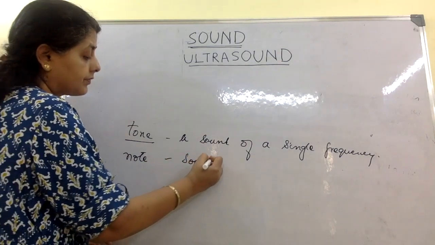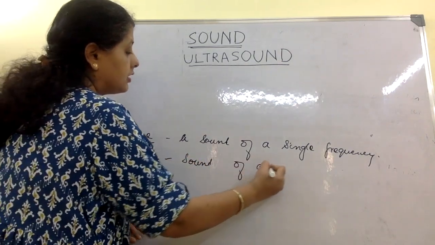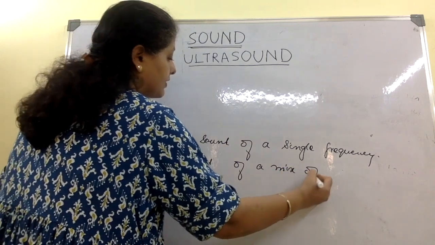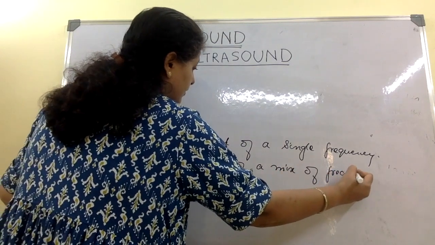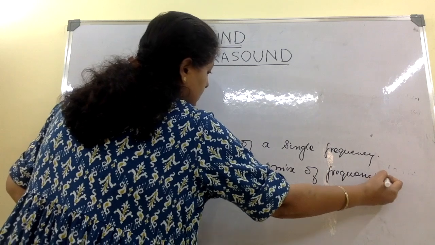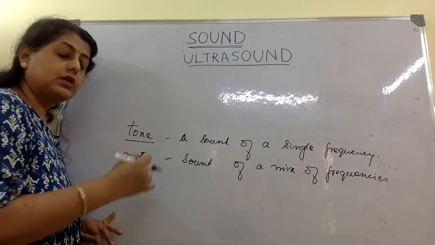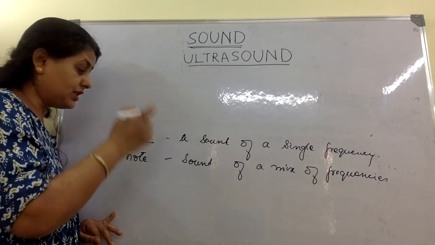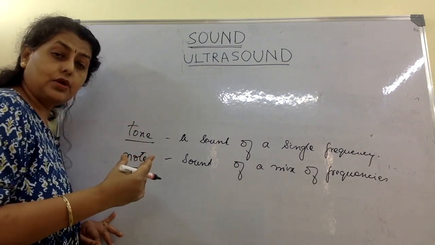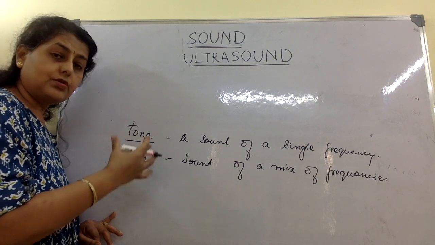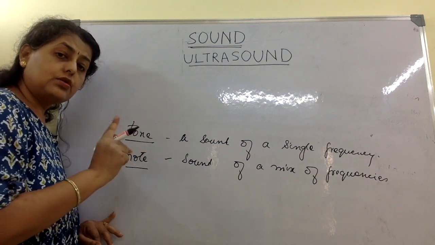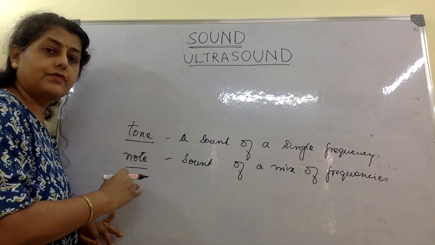Sound of a mix of frequencies. It will have lots of frequencies together. That makes a note. These are two words which generally we don't note, but which might be important for you.